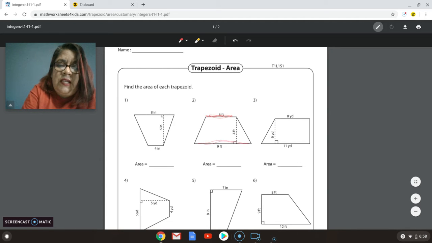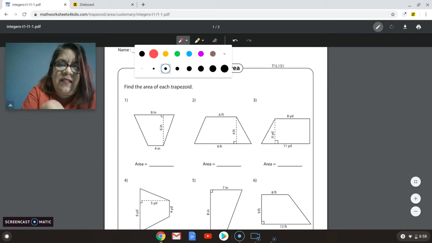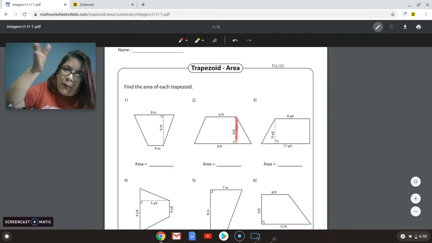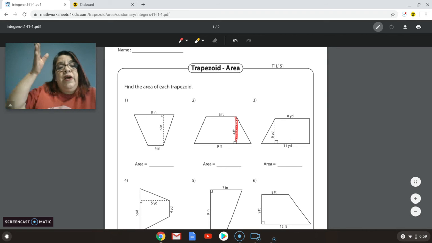Base 2 is 9 feet. Perfect. So what's my height? Yes, my height is going to be 4 feet. Remember that height in our figures is that little broken up line, and it's the line that's perpendicular to my base.